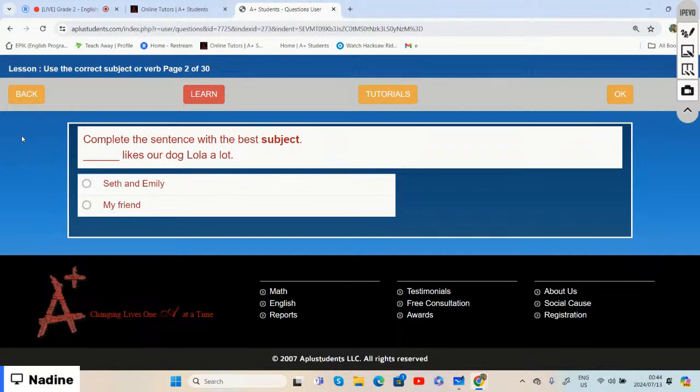We need to choose the correct or the best subject that goes with the rest of our sentence.